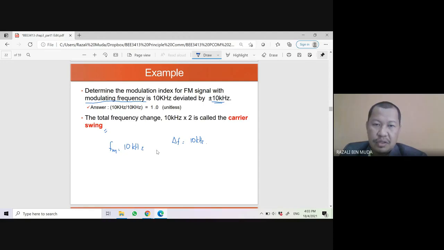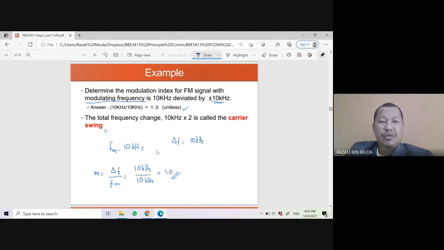Answer: M equal to delta F over Fm. Delta F is 10 kHz, Fm is 10 kHz. So the modulation index is 1.0. The modulation index is unitless.